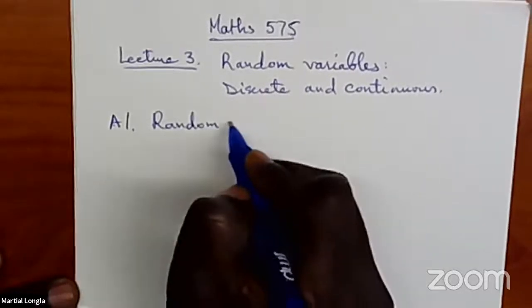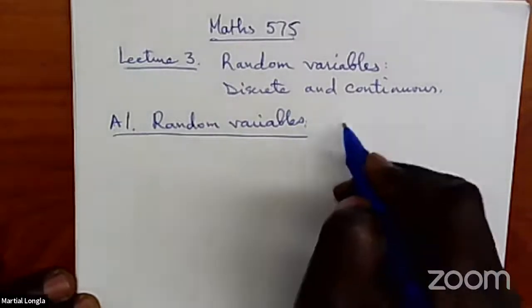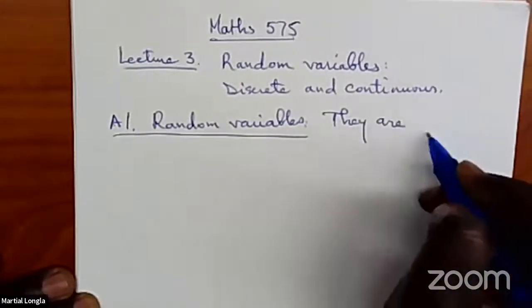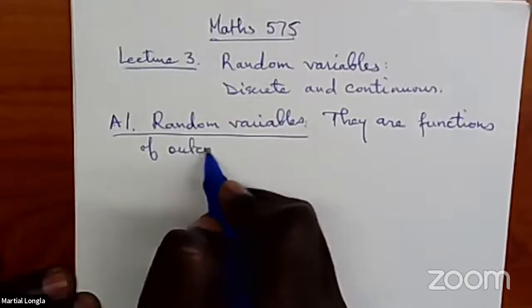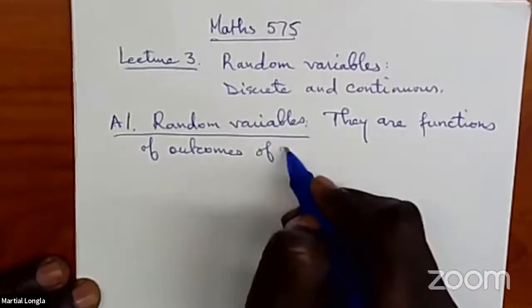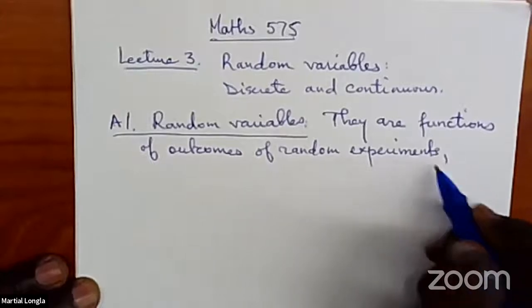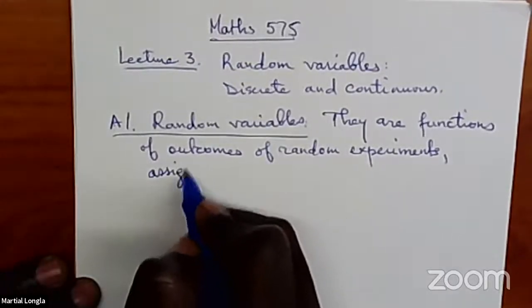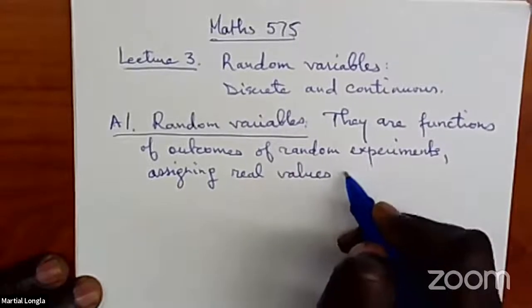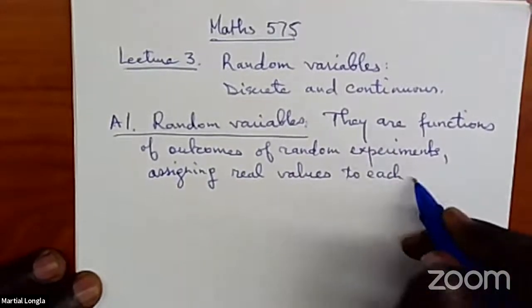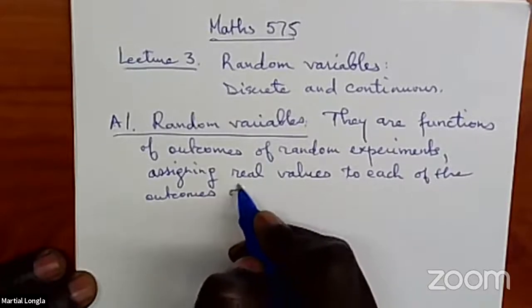All right, part A, random variables. So we say they are functions of outcomes of a random experiment, that assign real values to each of the outcomes of the experiment.